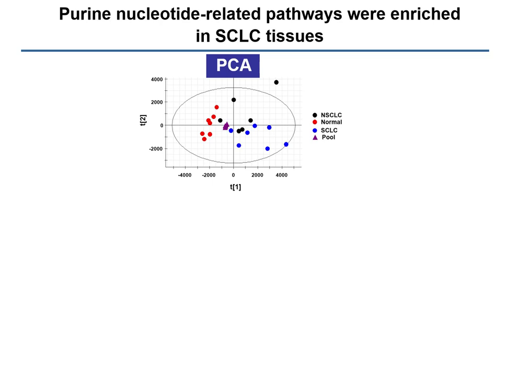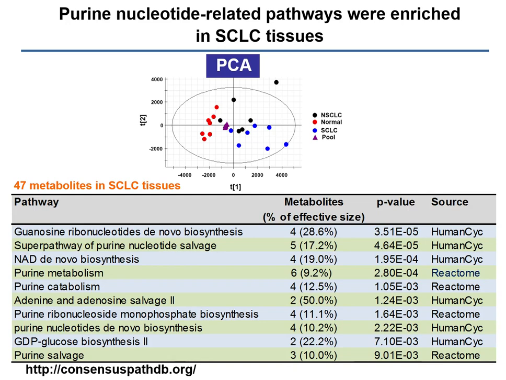In small cell lung cancer, we identified 47 highly expressed metabolites compared with the normal tissues and non-small cell lung cancer tissues. We did the enrichment analysis for these 47 metabolites. The result indicated that a couple of purine nucleotide metabolism pathways are enriched in small cell lung cancer.